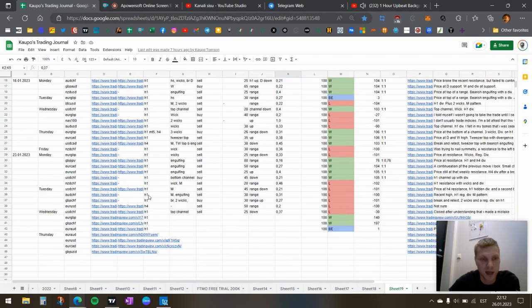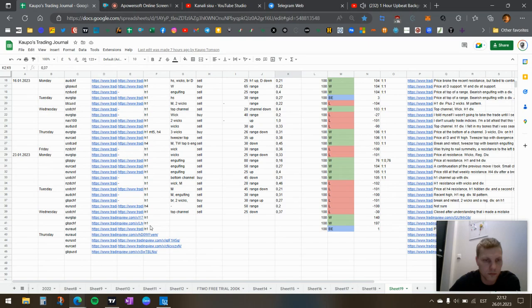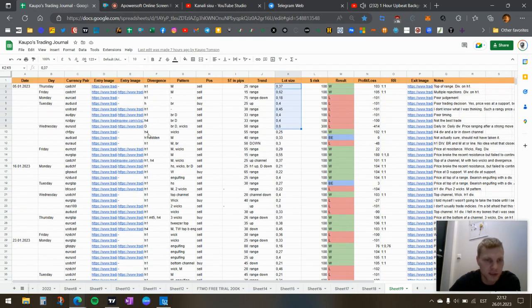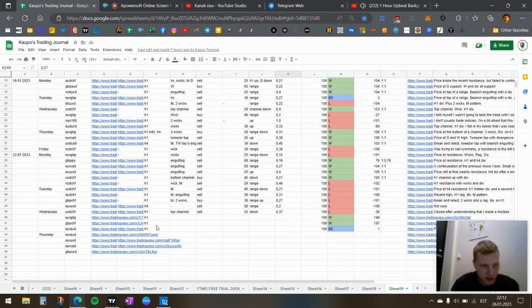The only thing I actually do want to see is the pair and the entry image. This is good to track too: I usually trade H1 divergences, but sometimes I do trade H4 divergences, so it would be good to see if there's a point to that or not.